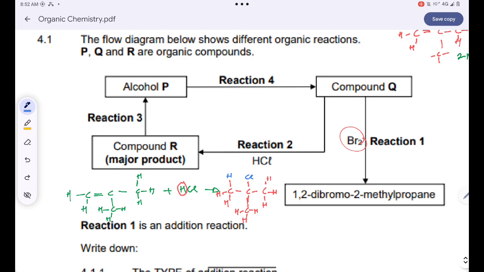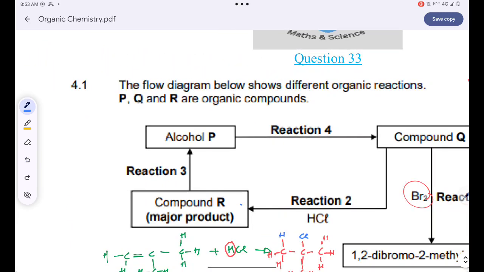Okay, and then now for reaction 3. We are dealing with substitution reaction. Now we are moving from a haloalkane to an alcohol. This type of substitution reaction is called hydrolysis. What will happen is that for compound P, the chlorine will be substituted with an OH. So the structural formula for compound P will be like this.